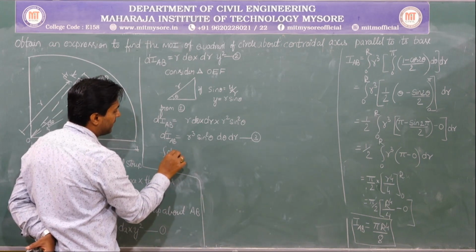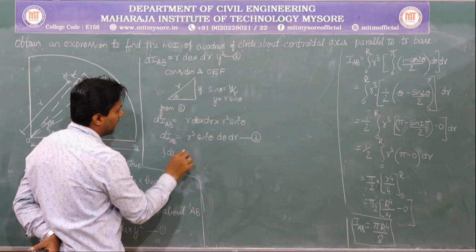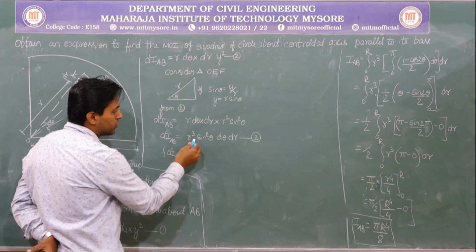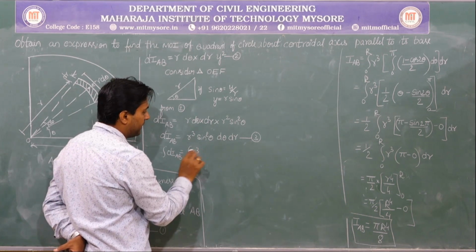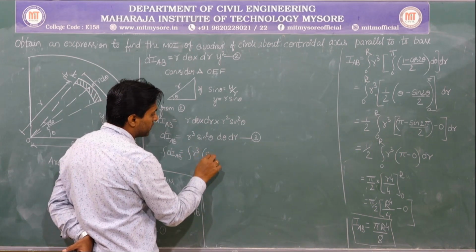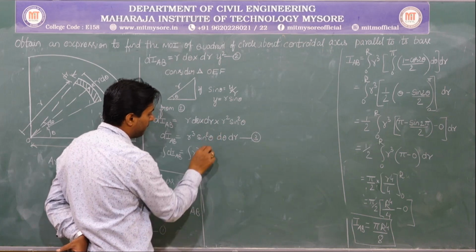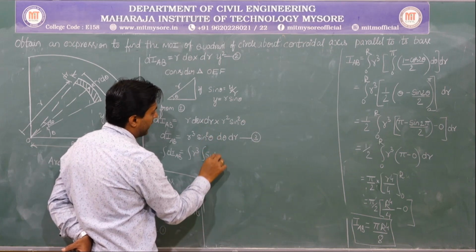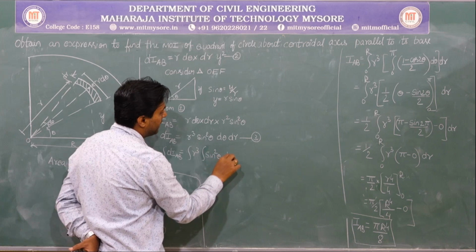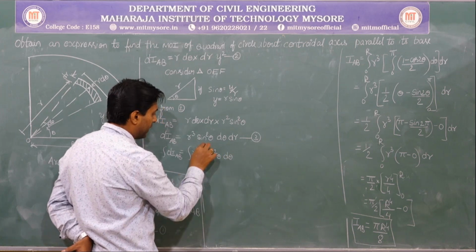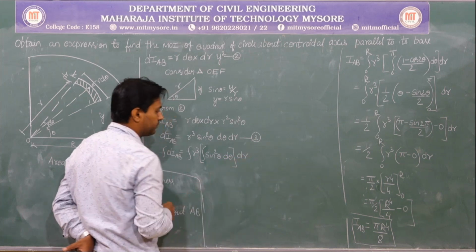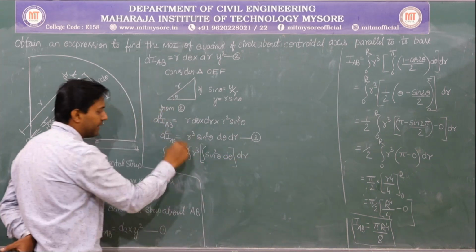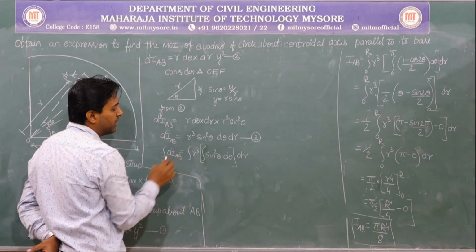It is dI_AB is equal to r cube, let it be for timing as it is, into sine square theta d theta, into dr. Now, as we have done the substitution, I need to put the limits.